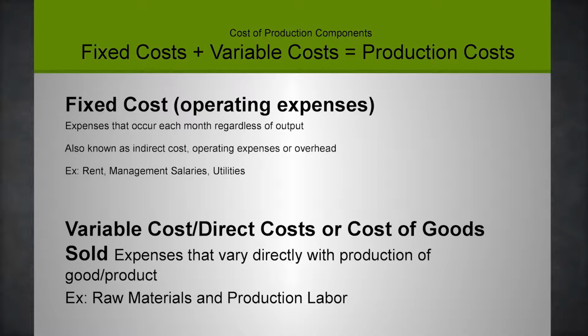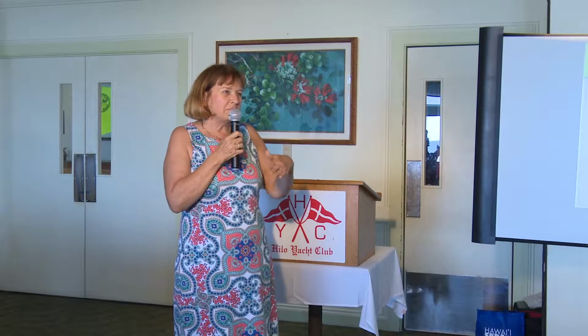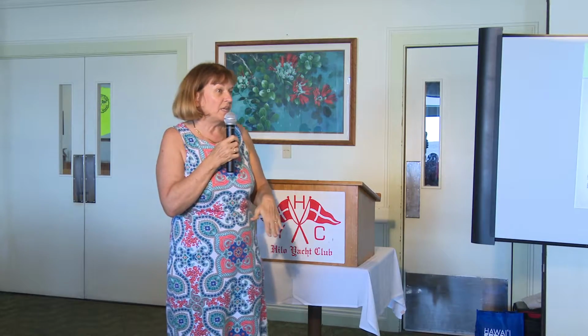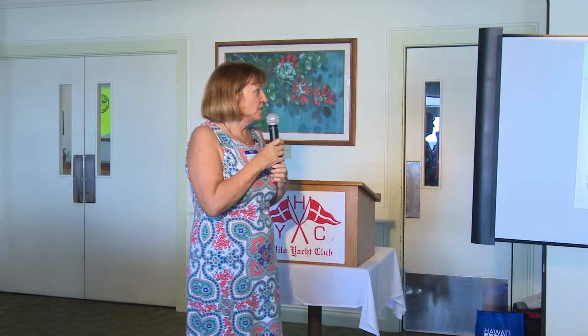Those fixed costs, we call them operating costs. Sometimes we call them indirect costs: rent, the management salaries that have to get paid whether you're doing well or not. Utilities, yeah, there's some amount that goes up if you're doing a whole lot, but they're pretty much fixed costs.